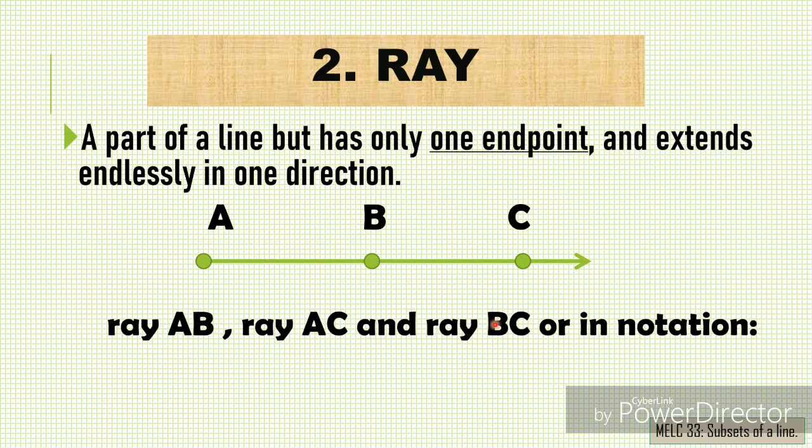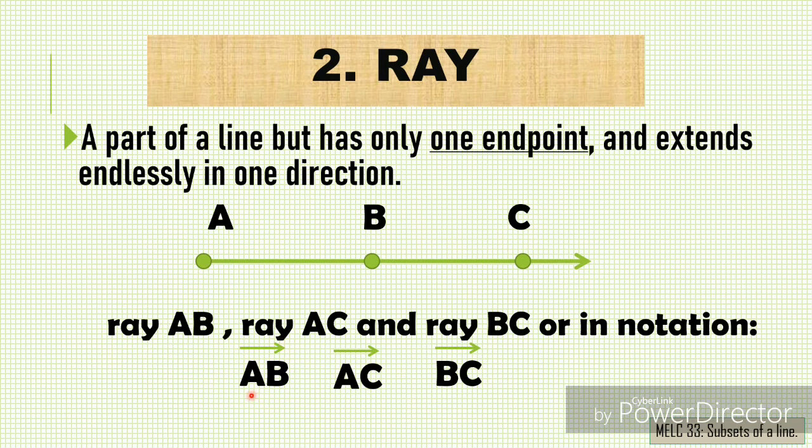Point B. Ito yan. C. Take note, ito yung mga symbols. Pag ray AB, ray AC at ray BC, yung mga points na binanggit natin, lalagyan lang natin ng arrow sign papuntang kanan. Okay? Arrow sign sa ibabaw. So, ang kanyang arrowhead ay nakaturo papuntang kanan.